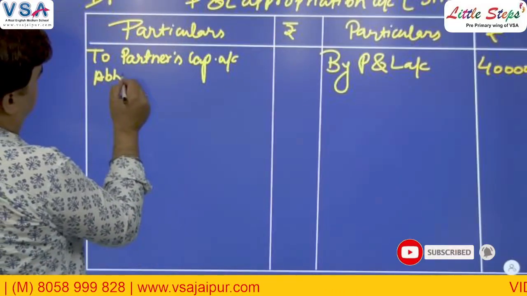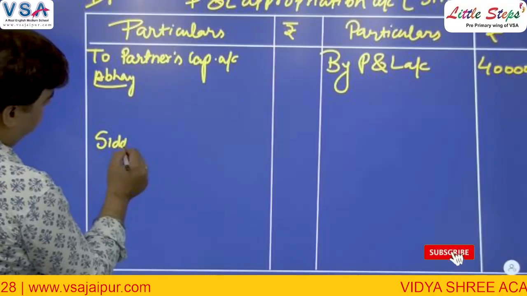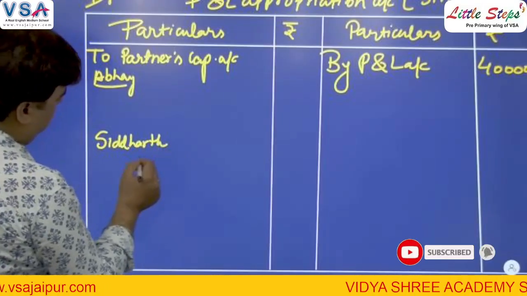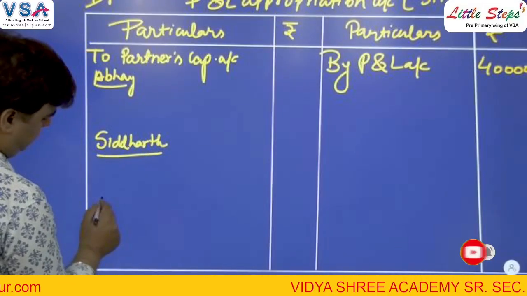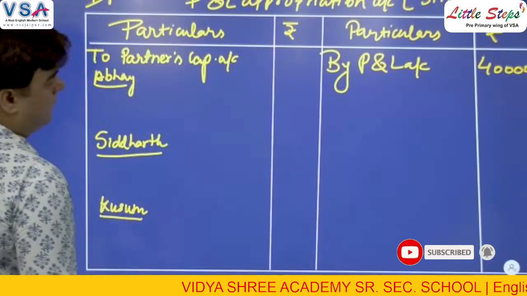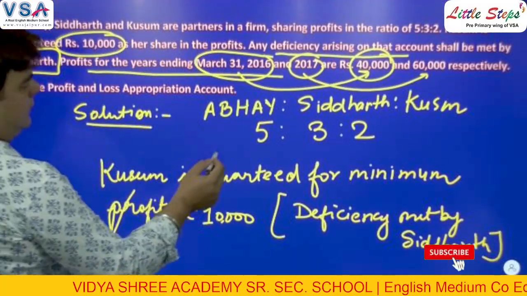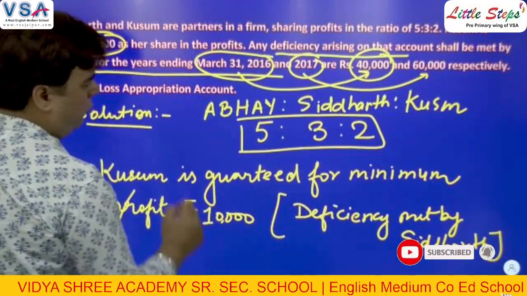First is Abhay. Second is Siddharth. And third is Kusum. Okay. So 40,000 is to be distributed among the partners in the ratio 5:3:2.